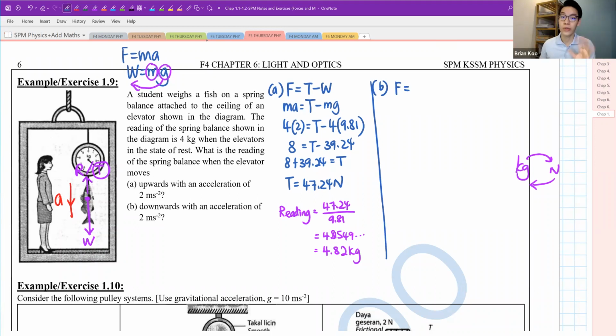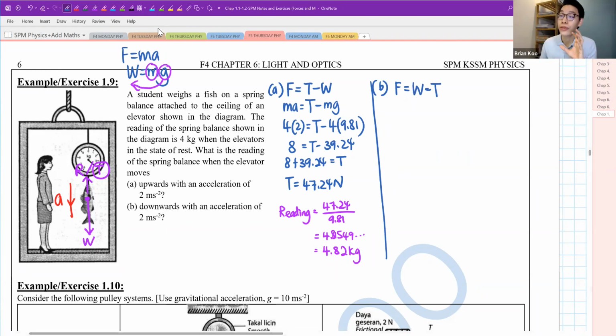Have this habit, you won't make mistakes, trust me. Yes, Pavitra, very good. If it's accelerating down, W is the one that is pulling stronger, pulling harder.